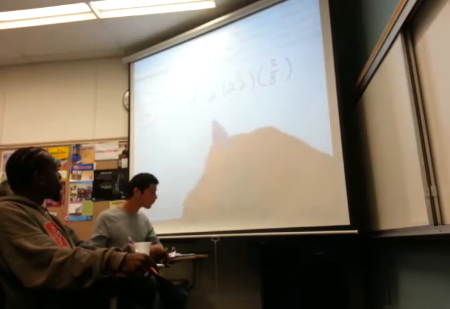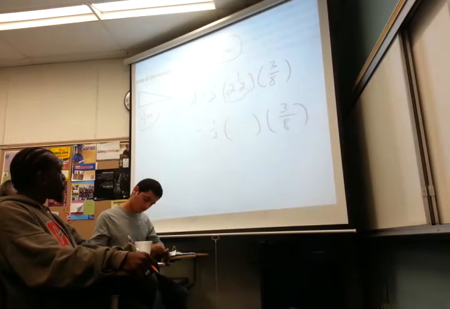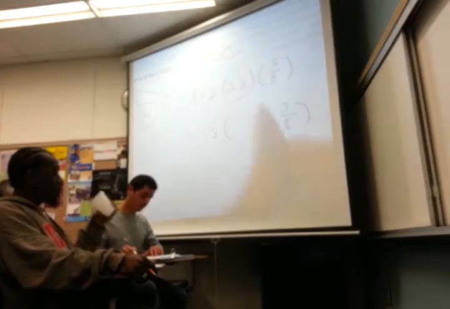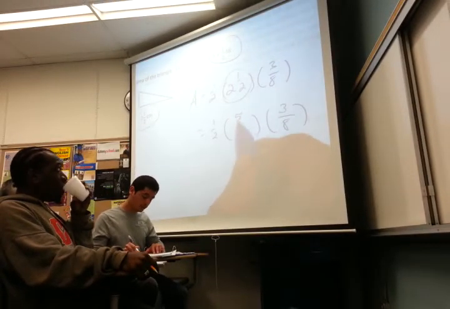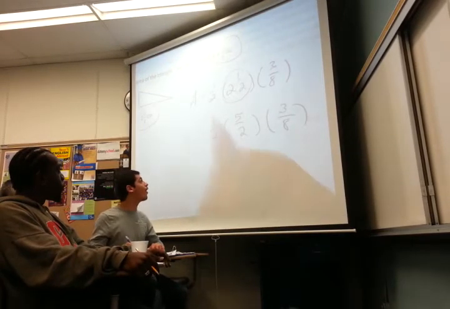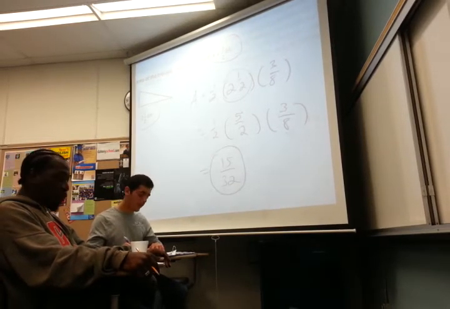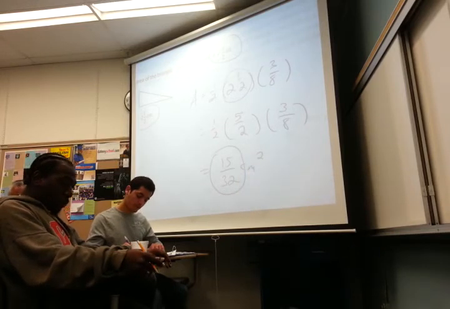So now I just have to do 1/2 times, what do I have to do with him? Improper fraction. Good. 2 times 2 is 4 plus 1 is 5. Nothing reduces anywhere, so straight across. So I get 15 over 32. And just to be careful, square centimeters.